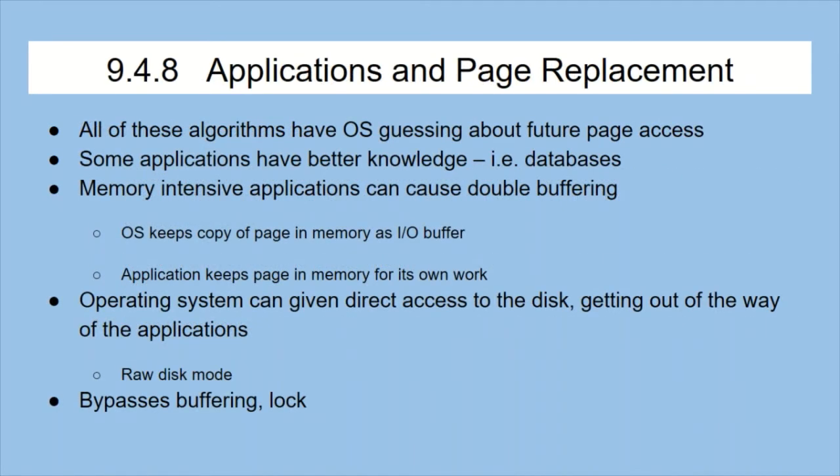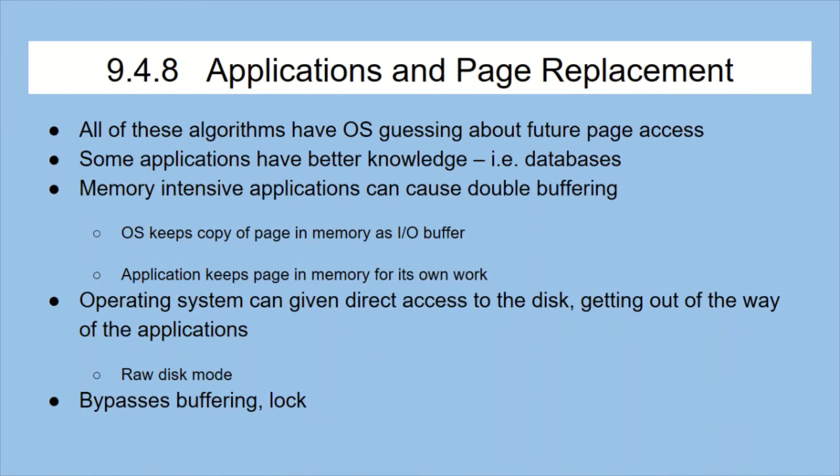Next and the last is applications and page replacement. All of these algorithms have the OS guessing about future page access. Some applications have better knowledge, like databases, and a memory intensive application can use double buffering. First, the OS keeps a copy of the page in memory as an input output buffer.